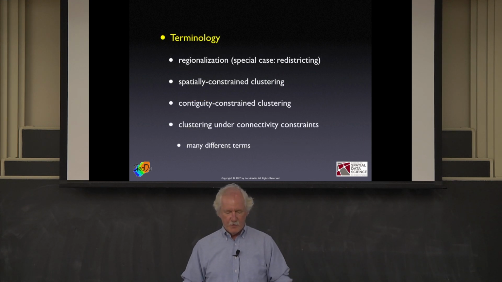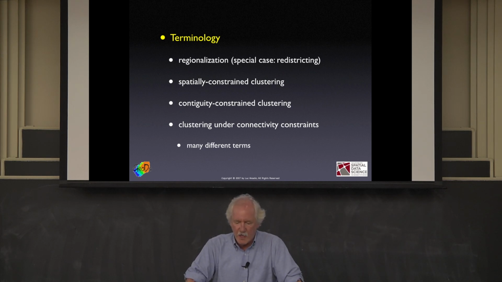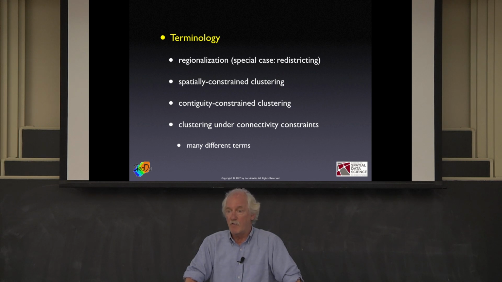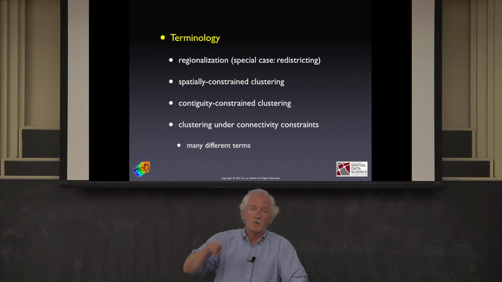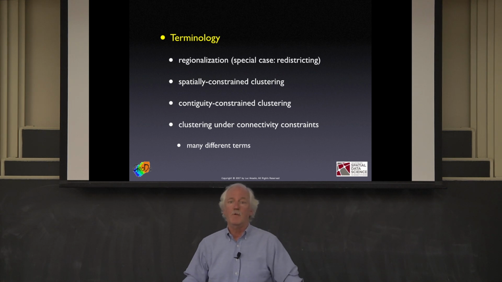And the terminology about this is a very old problem. Has been around for a long time with different solutions, and it's known in various literatures under different names. So you may be familiar with a particular flavor of this, which is redistricting. So redistricting is a political process where electoral districts are literally delineated based typically on a criterion of equal population.